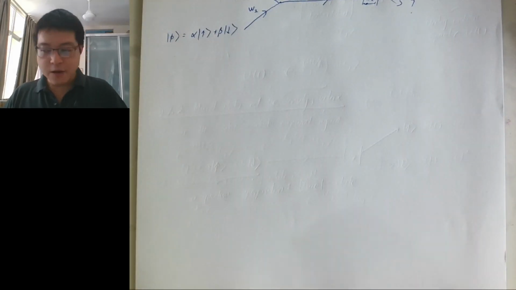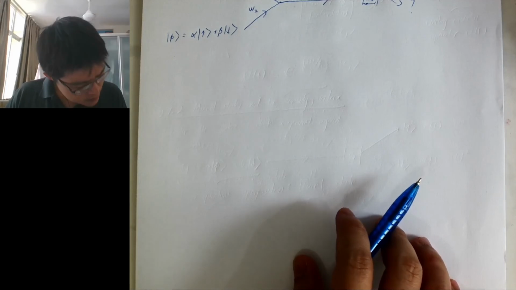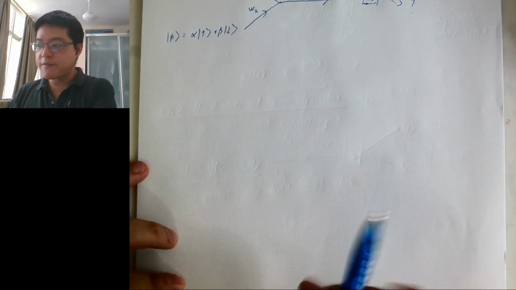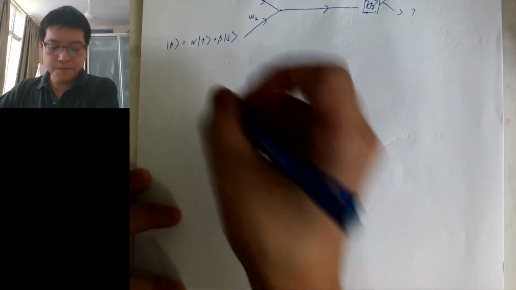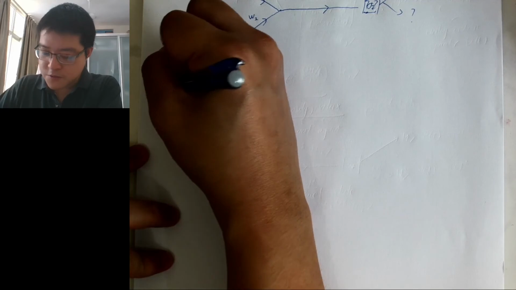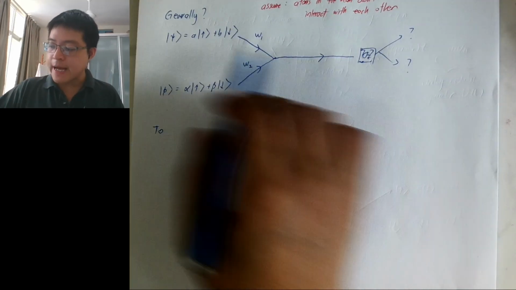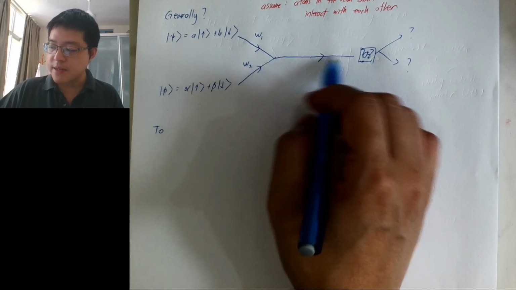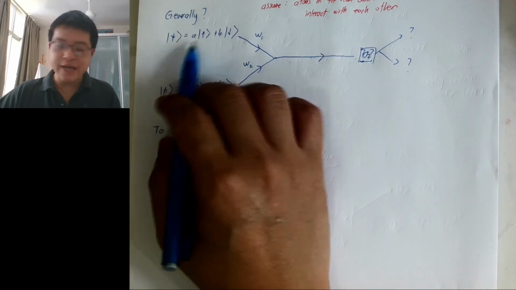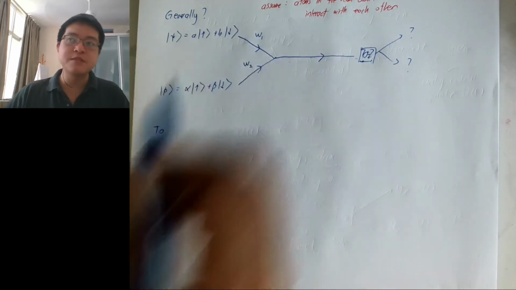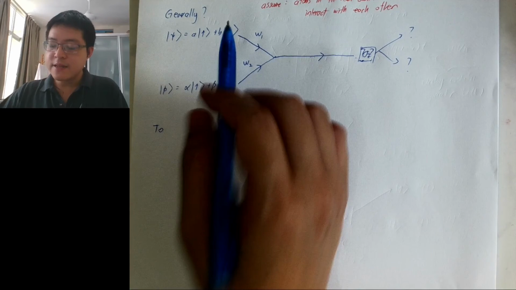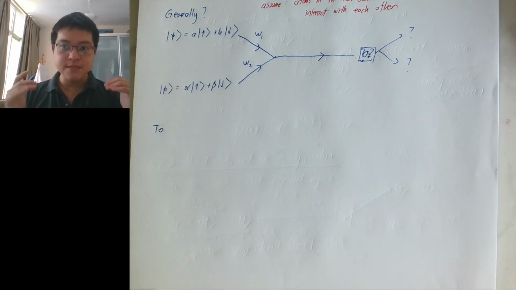So now this is what we want to do: develop a theory to handle this situation. The first thing is we can't really write a ket to represent this state, because once we write a ket, it just becomes a quantum superposition. So we can't write a ket to represent a mixed state.